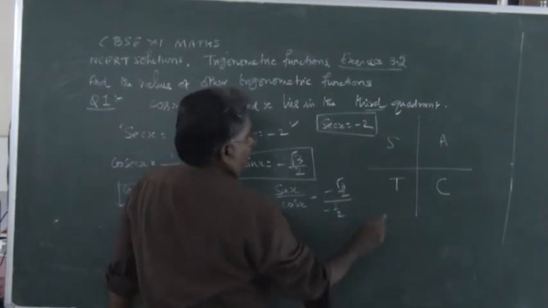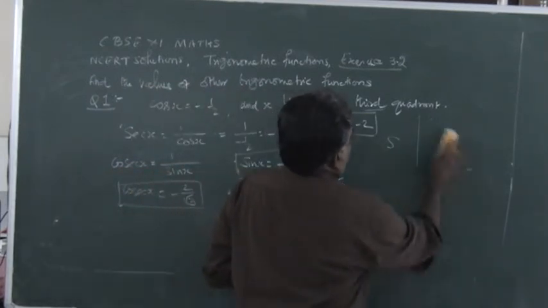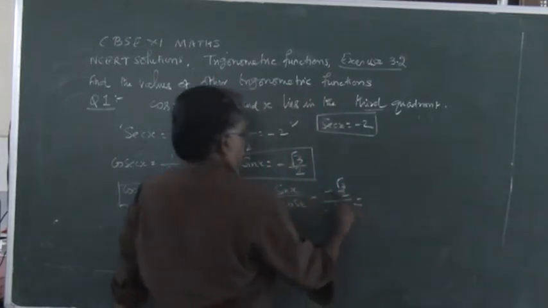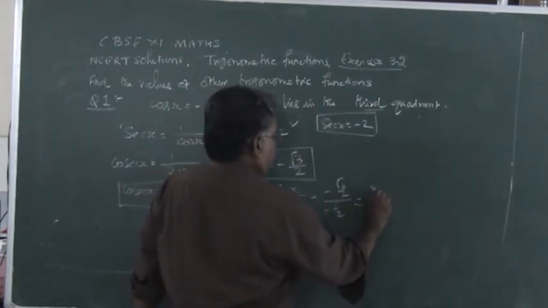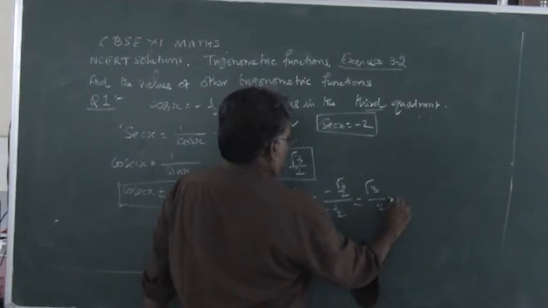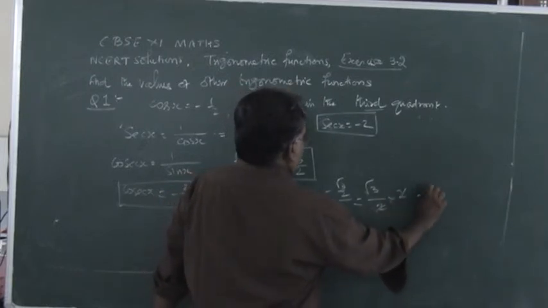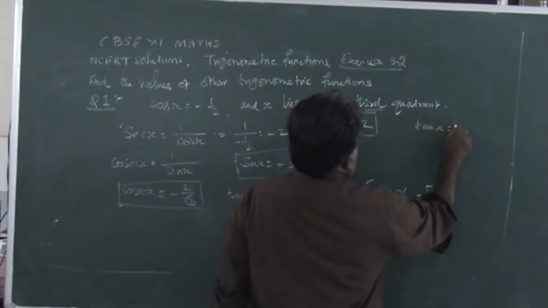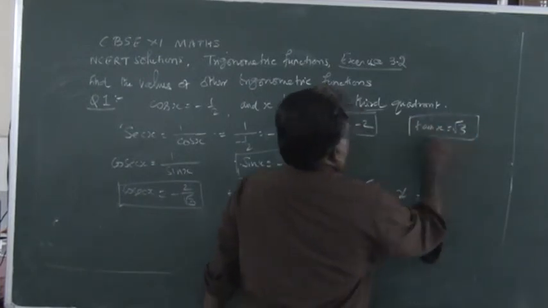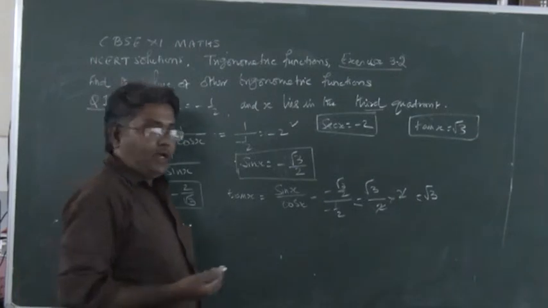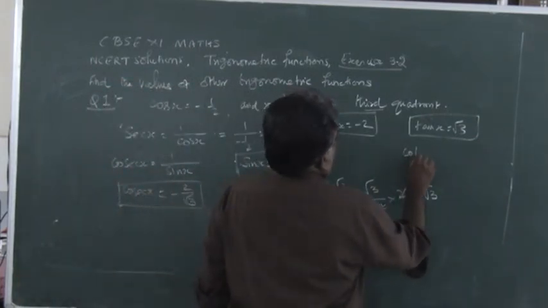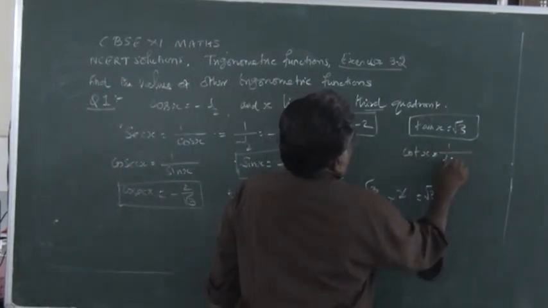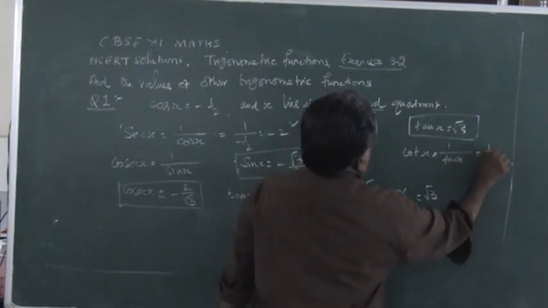So obviously minus by minus, it will become plus root 3 by 2 divided by half, so root 3. You get tan x as root 3. Of course, then cot x you can find out, 1 by tan x, which is 1 by root 3.